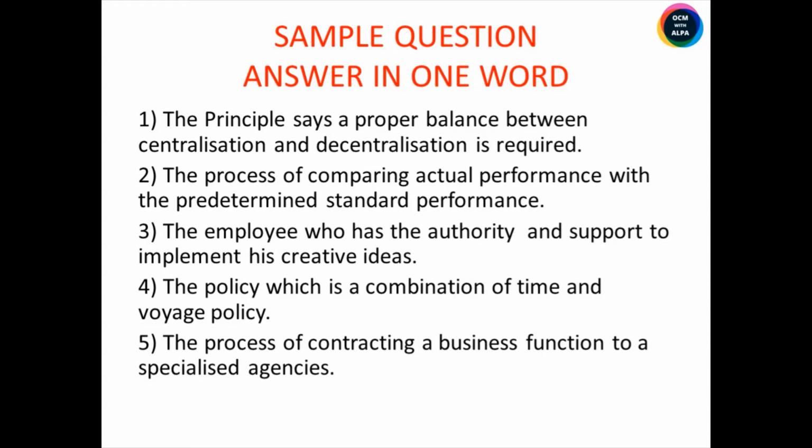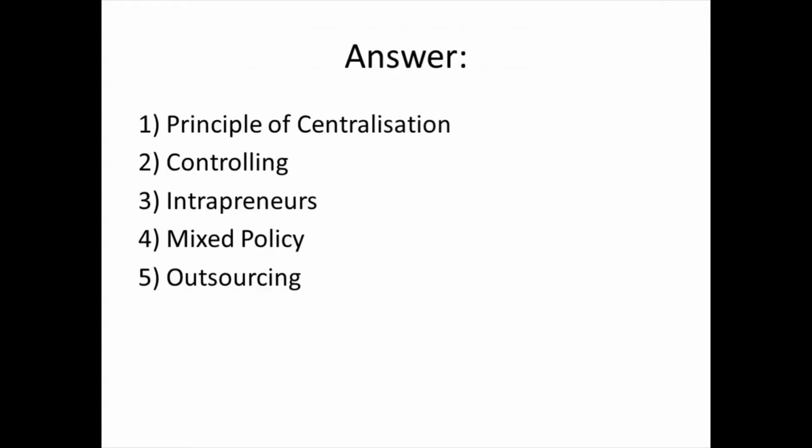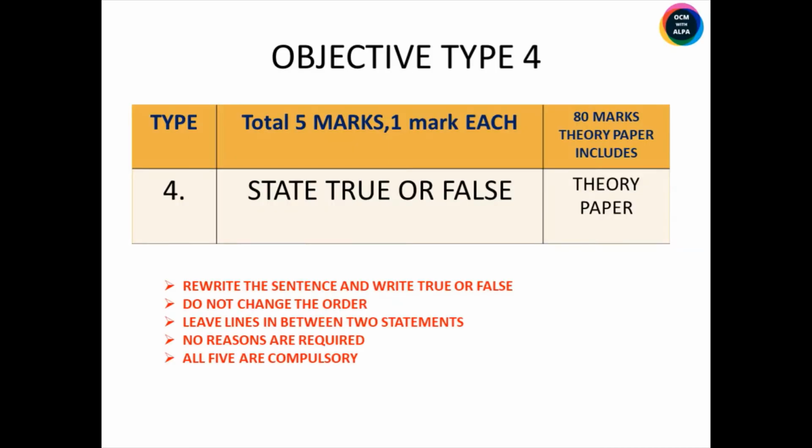Likewise, you have questions where the first words like "the employee" or "the policy" are suggesting to you the answer, perhaps. So we see the answers to these questions being this. It would be ideal if you could rewrite the sentence with this, or if your speed is slow, maybe you can just write the answer.